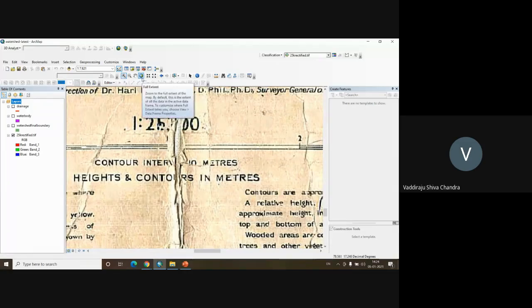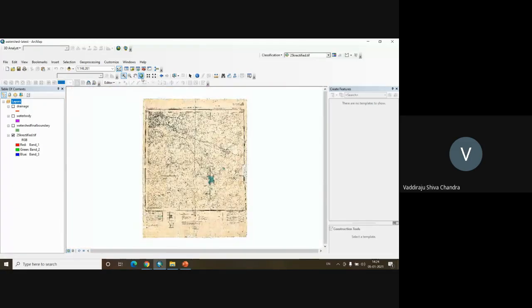So if your project needs a lesser contour interval, these maps are not sufficient for you. Then you need to go for a separate preparation of a contour map using your auto level or leveling operations, wherein you can develop contours for 1 meter or 2 meter or 3 meter, depending on your requirement as well as depending on the existing ground surface.